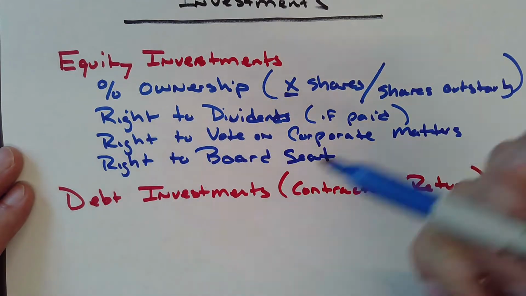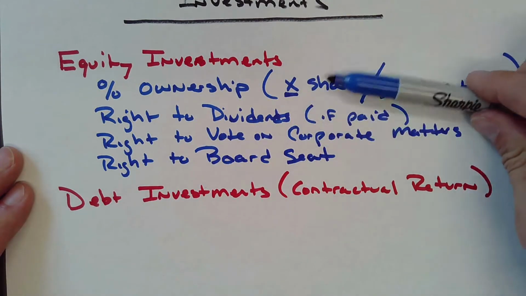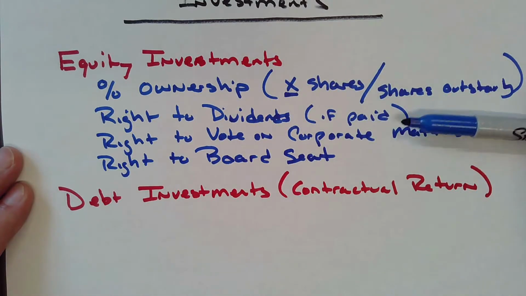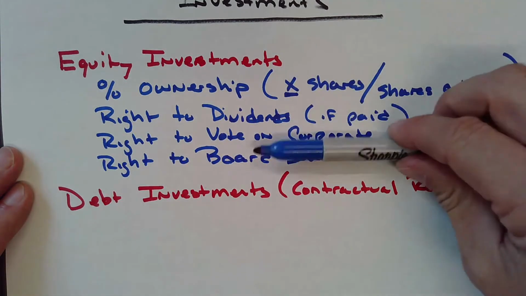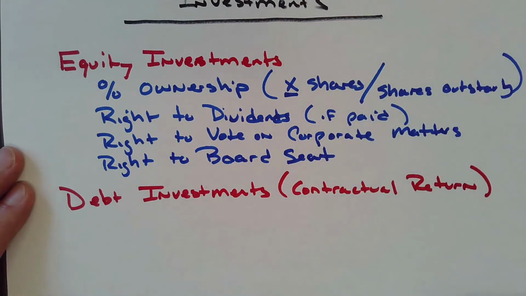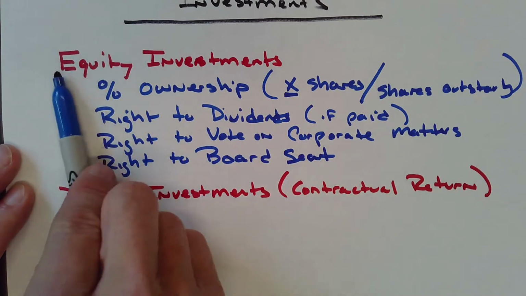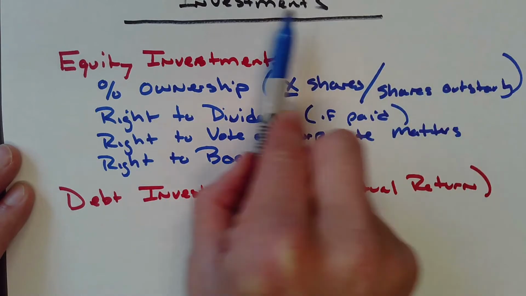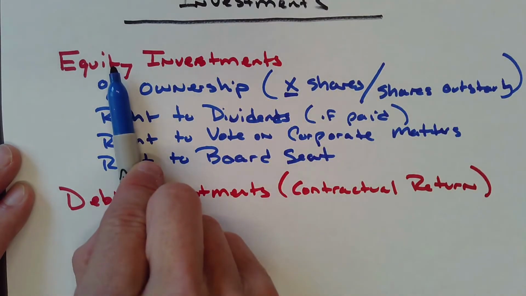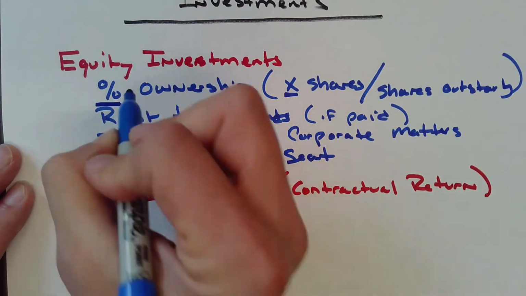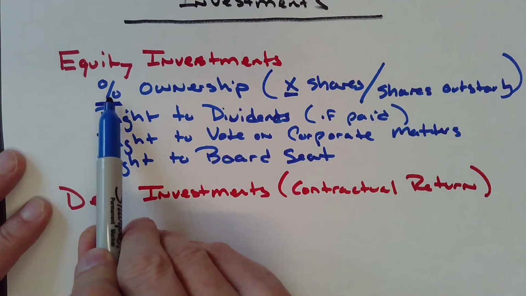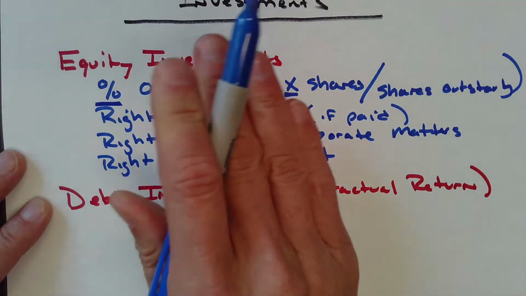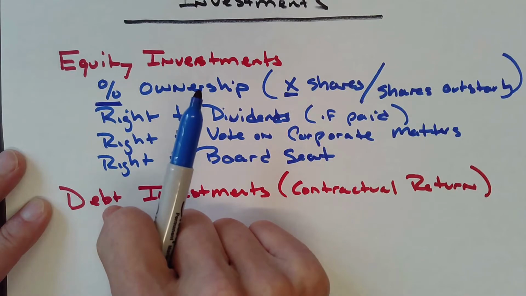Again, this is just a sampling of the rights that may exist. It may be as simple as I get dividends and I get to vote and I have this ownership percentage, and that may be it. I might have a board seat, or there may be other rights. But we'd have to look at the contract and see what different rights are possessed with this. And as this ownership percentage changes, as it gets higher, the accounting for some of these equity investments also changes.